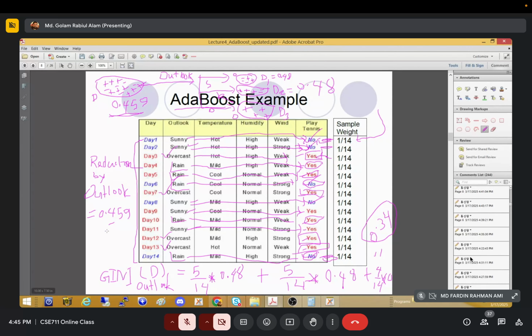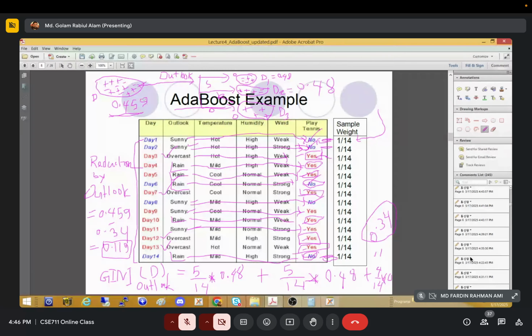And the reduction will be 0.459 minus 0.34, equal to 0.119. So this will be the reduction.